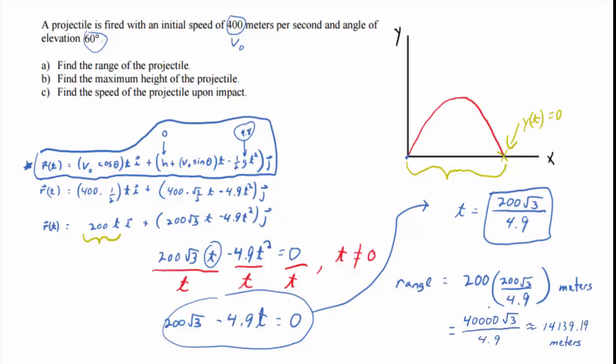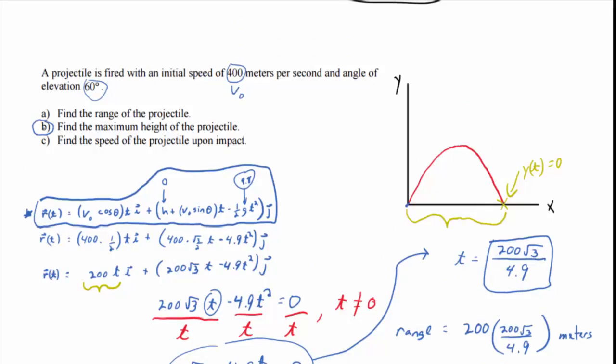For part B, how would you find the maximum height of the projectile? Well, not quite. Because we do have to use a derivative for this one, remember. At the maximum height, the j component's velocity will be 0.